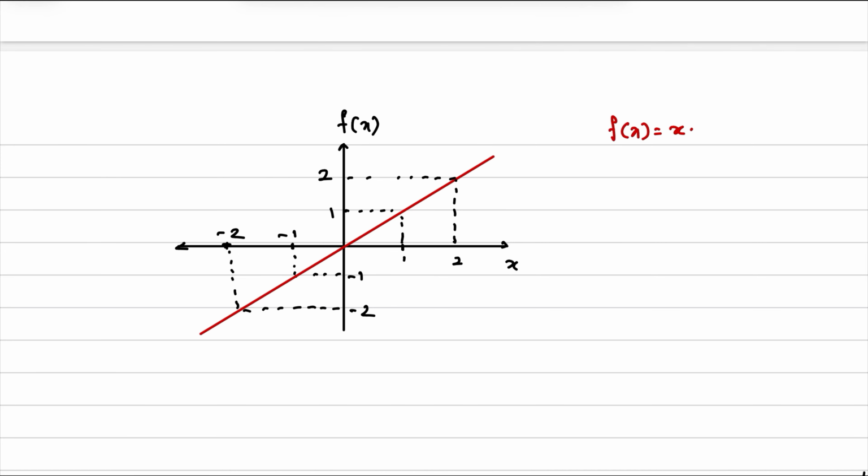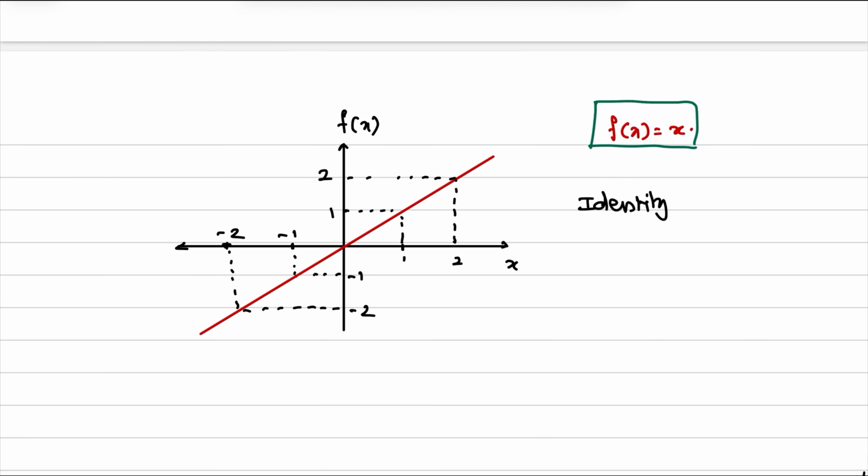This is a function x is equal to x. That means the function value is the value of x itself. That means it is an identity function.